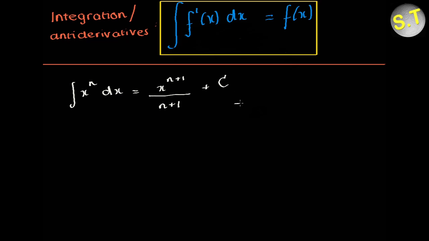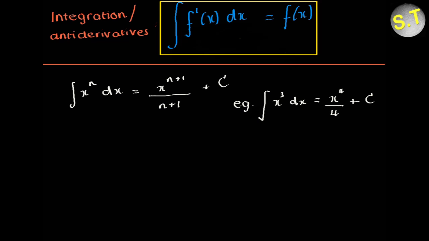So for example, the integral of x cubed with respect to x is equal to increase the power by 1, so we have 4, divided by the new power, so 4. And as always, our constant of integration c.